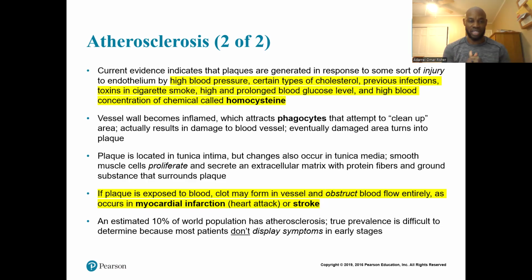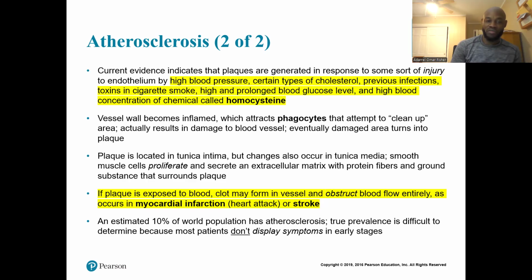The plaque gets located in the tunica intima, the layer that surrounds your lumen, but it can also change your tunica media and change the rest of the artery. It becomes hard and problematic. You start to obstruct blood flow.